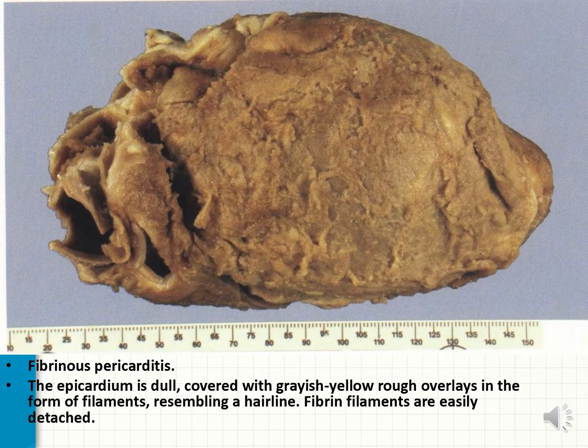This gross specimen is an example of fibrinous pericarditis. So we see the gross specimen of the heart with pericardium, and as you see in the picture, the epicardium is dull, covered with grayish-yellow rough overlays in the form of filaments resembling hairline.